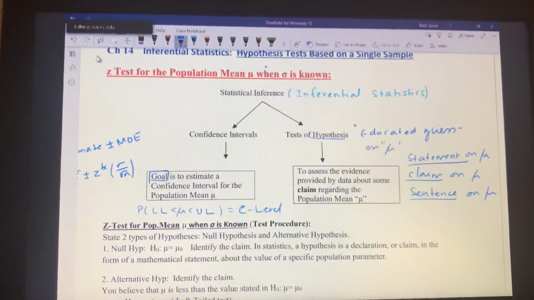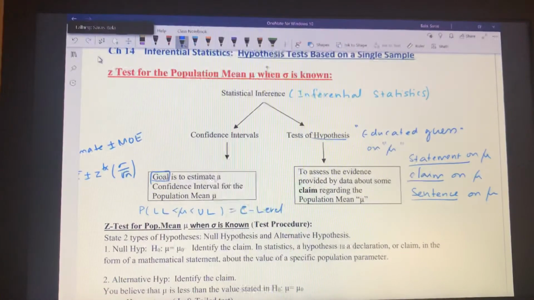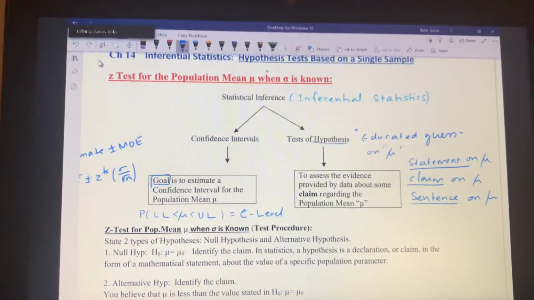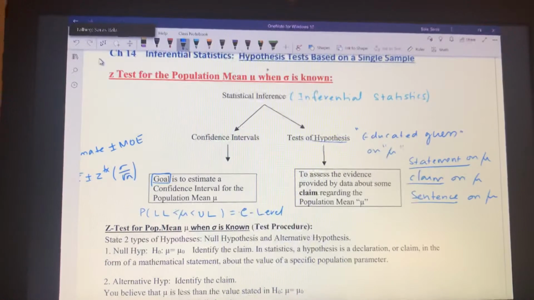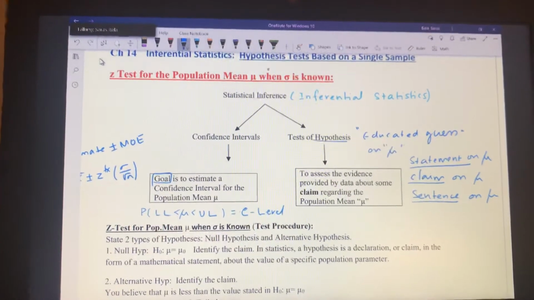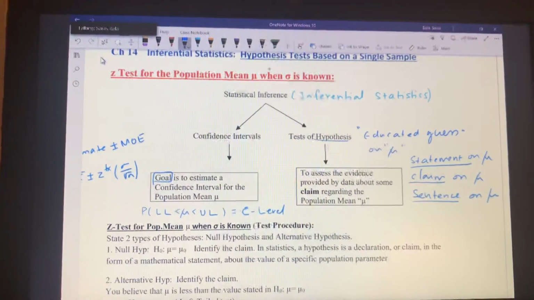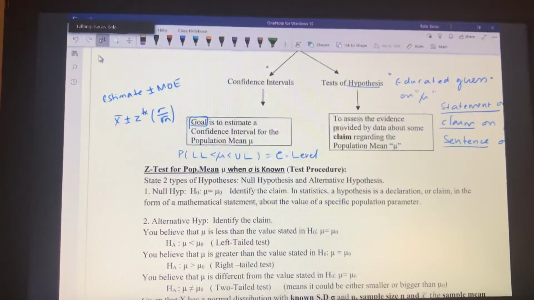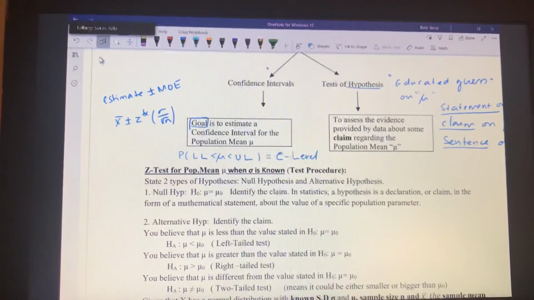So that is going to be the contradicting statement for the population mean mu. So here I am going to look for evidence or proofs based on the sample data to accept or reject the statement on mu. So that is going to be done here in testing of hypothesis.